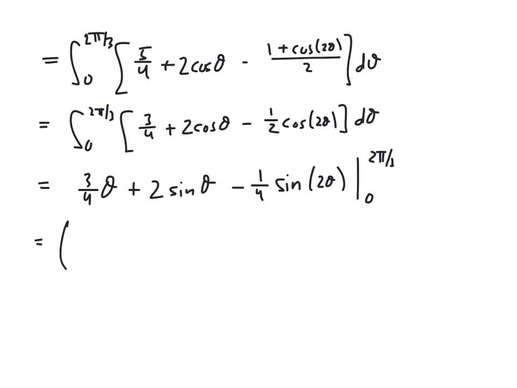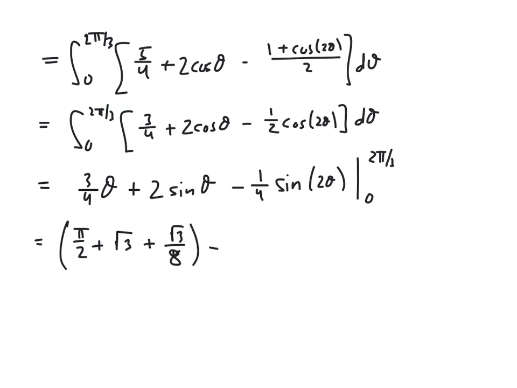We have 3/4 times 2 pi over 3, and that's pi over 2. We have 2 times sine of 2 pi over 3. Sine of 2 pi over 3 is square root of 3 over 2, and multiplying by 2 we're left with square root of 3. Then we have negative 1/4 sine of 2 theta. Sine of 4 pi over 3 is negative square root of 3 over 2, and multiplying that by negative 1/4 becomes a positive square root of 3 over 8.